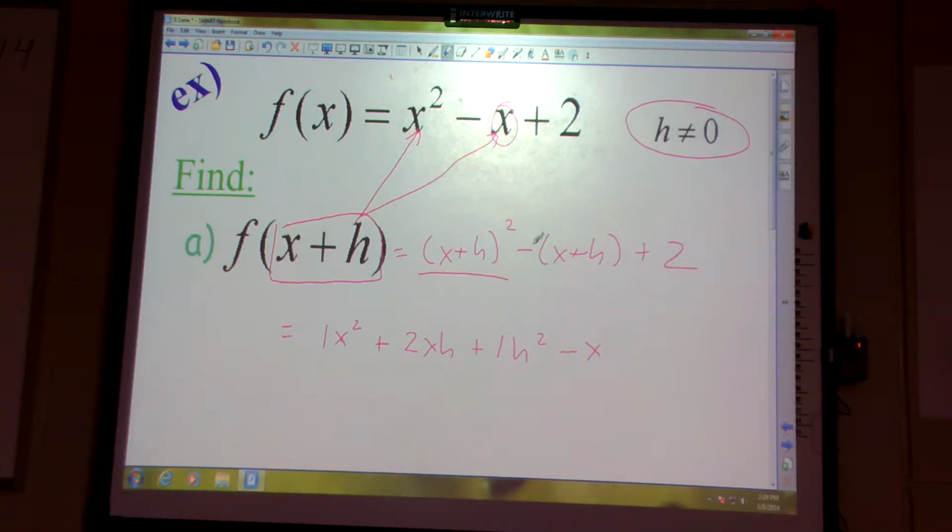Minus x, distribute, minus h plus 2. So even though it's messy, this is f of x plus h. It's the first thing I found, leading up to a difference quotient here.